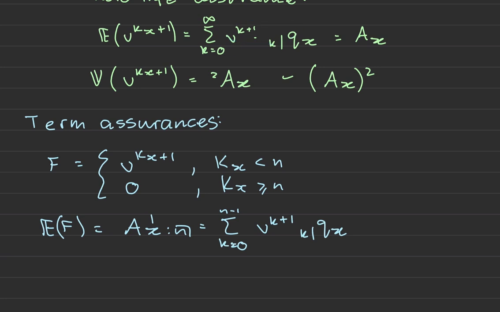And then this k equals 0 is for the same reason that this k was equal to 0. Now the only thing that's changed is instead of infinity, we have n minus 1. So why is that? Well, once their curtate future lifetime exceeds or equals n, I'm no longer going to pay them. So I don't include it for values that are greater than n. So I only include it up until n minus 1.